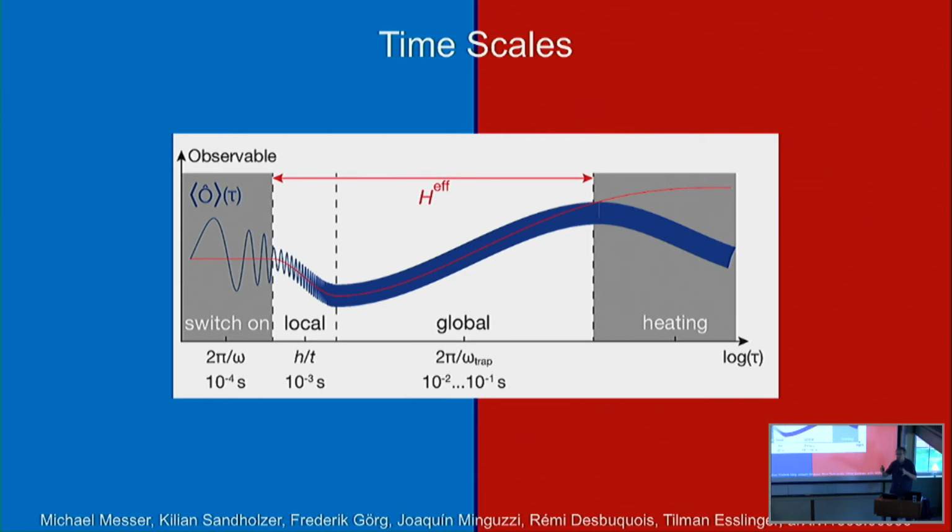There might be local changes, because this observable feels, okay, now I can tunnel to the neighbor. And then there are longer processes where the whole trap plays a role, which take more time. And then at some point, heating will kick in. That is unavoidable. But the question is how long these timescales are, and whether one can do something there.